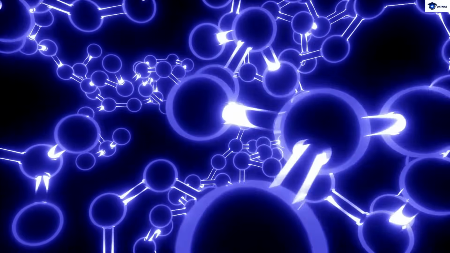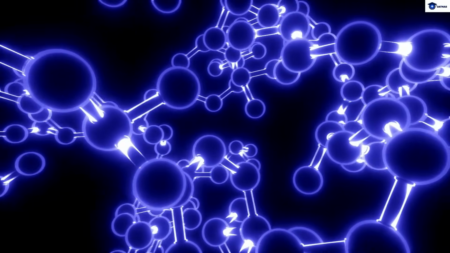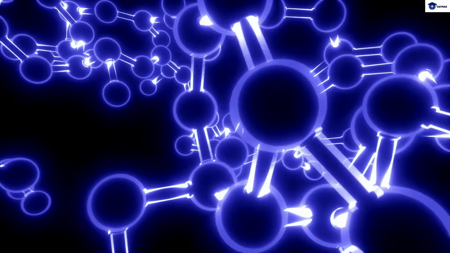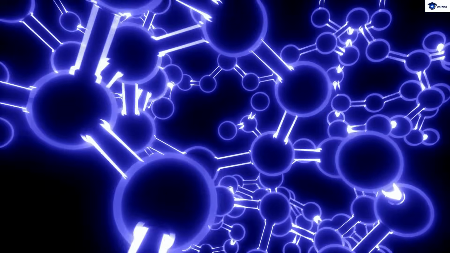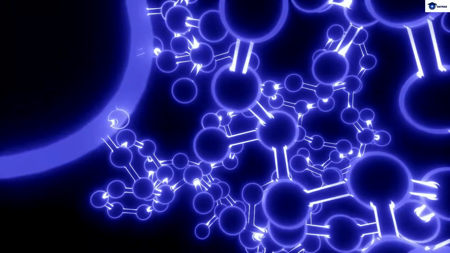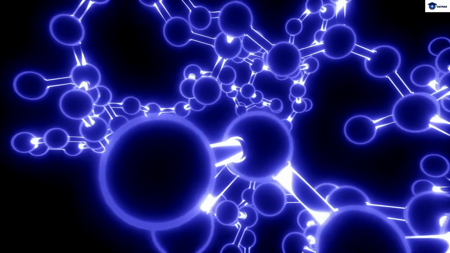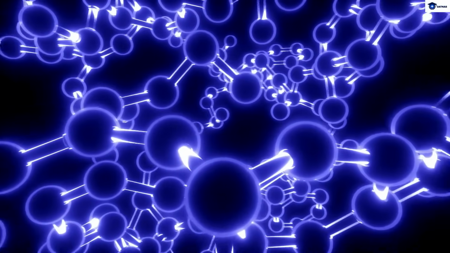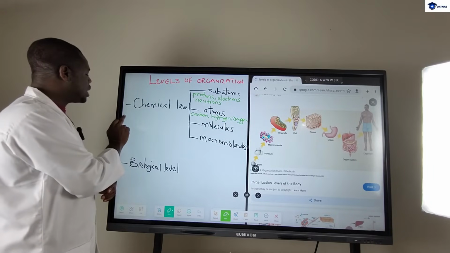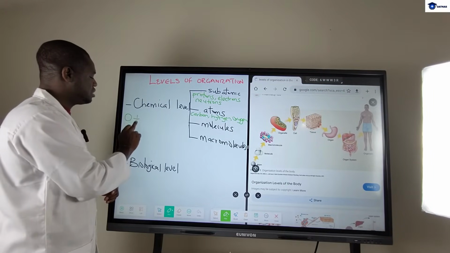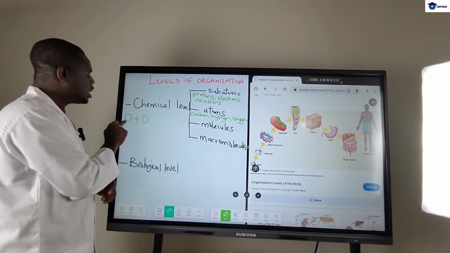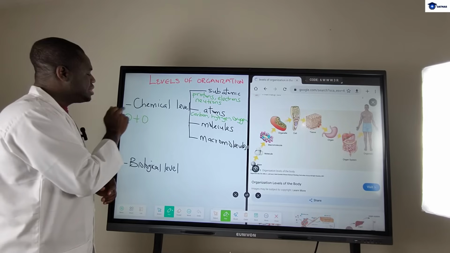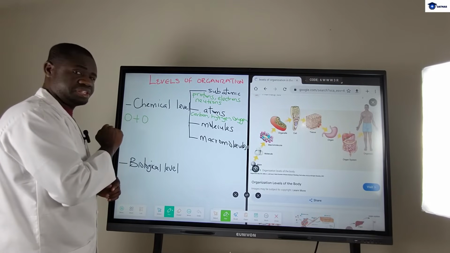Molecules are formed by two or more atoms. For a molecule to be formed, at least two atoms must come together. For instance, if we have two atoms of oxygen, this is one atom of oxygen, this is another atom of oxygen.